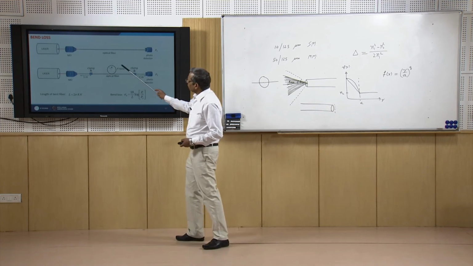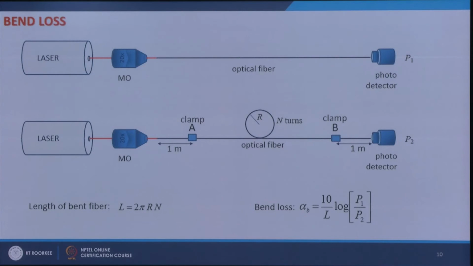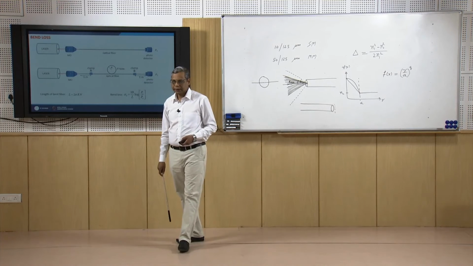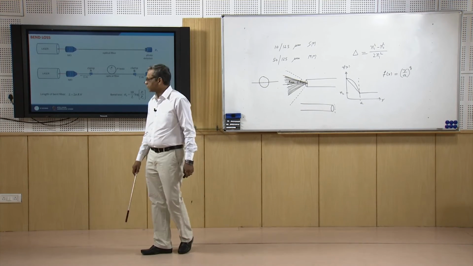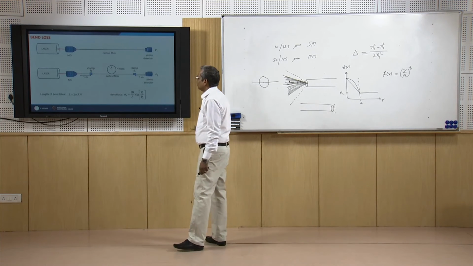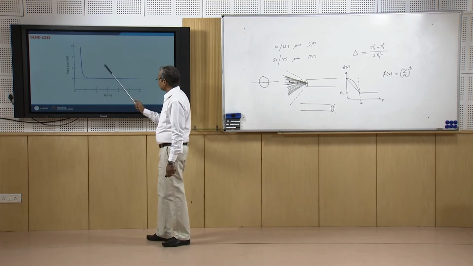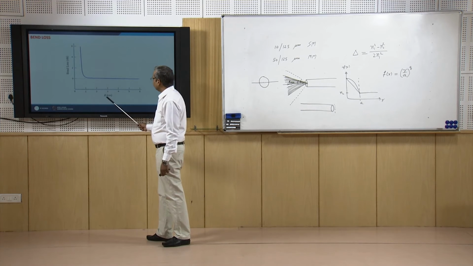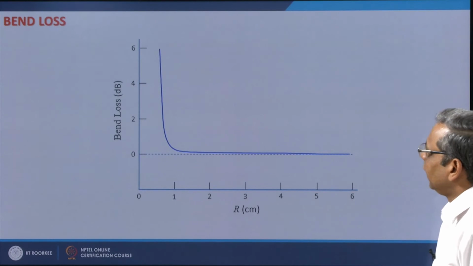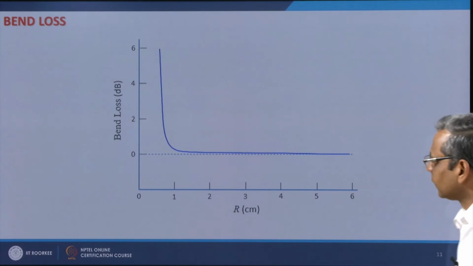You can change the radius and then see what is the effect of bend radius on the bend loss, and when you plot this it looks like this, where this bend radius is in centimeters and this bend loss is in dB.